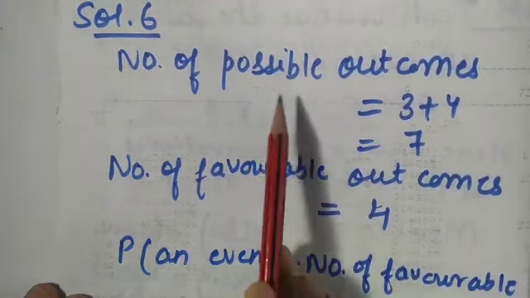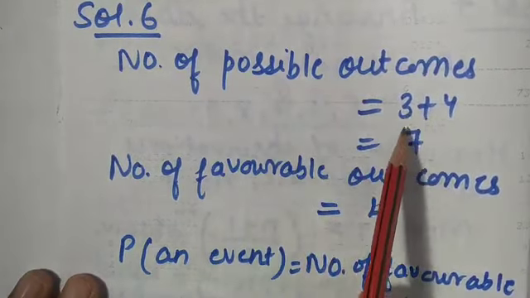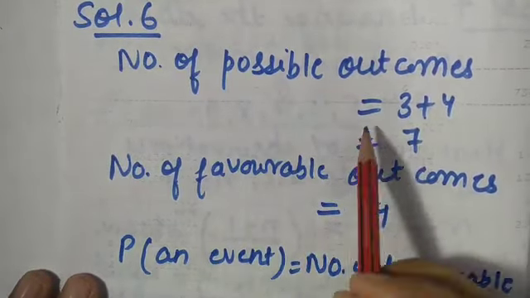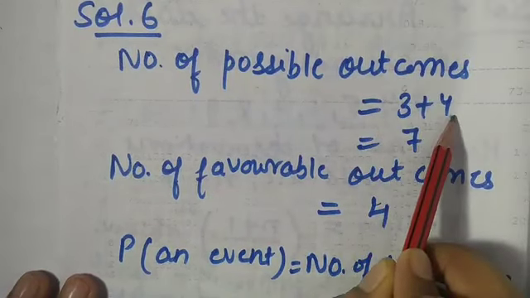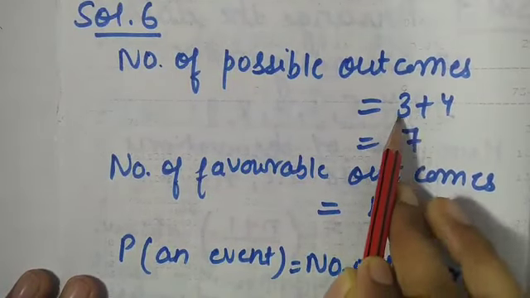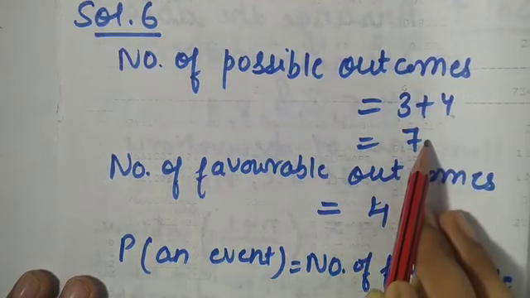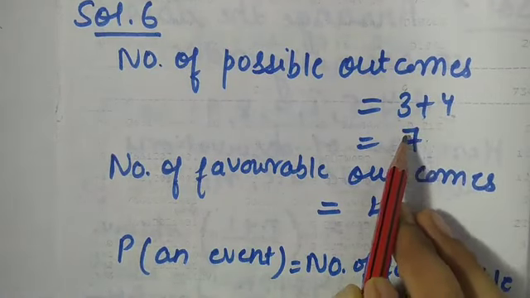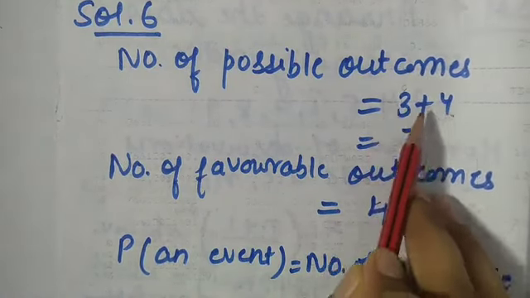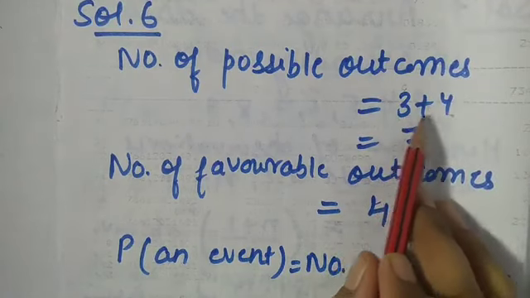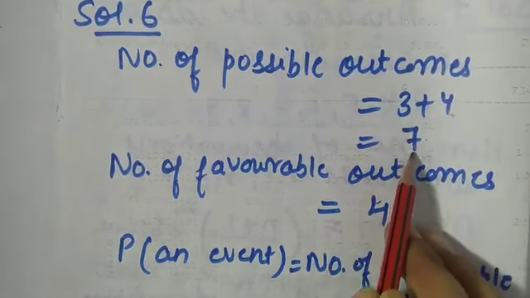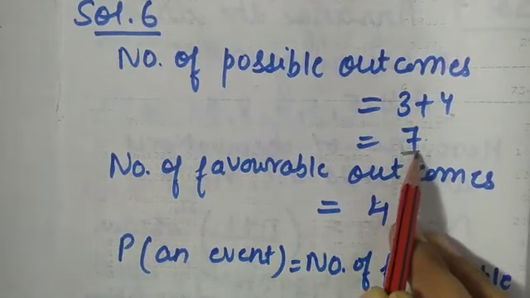So we have the total number of possible outcomes as 7, because in total we have 3 girls and 4 boys. So possible outcomes will be 3 plus 4, that is 7, because the chosen student can be from boys or from girls. Total students we have is 7.